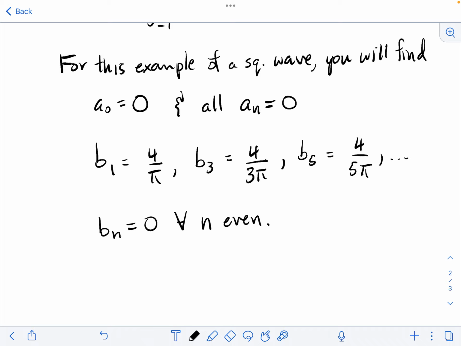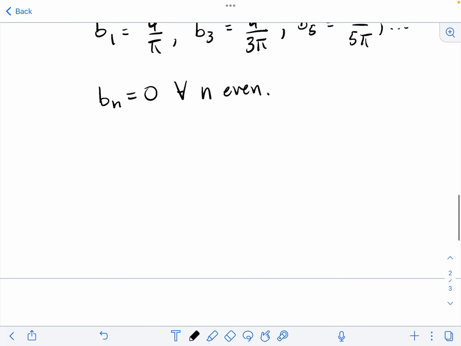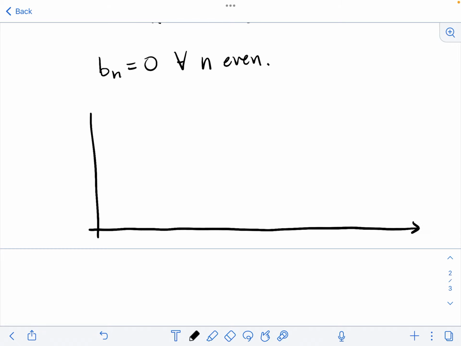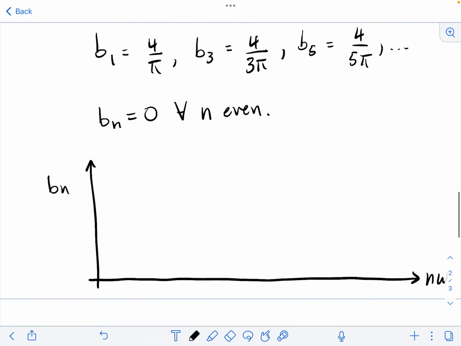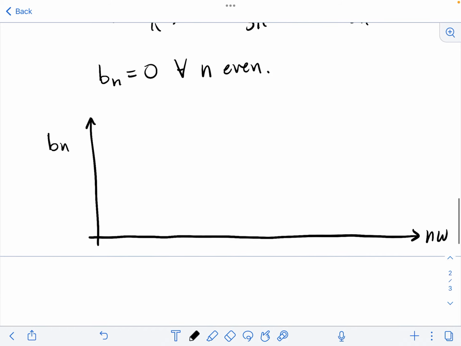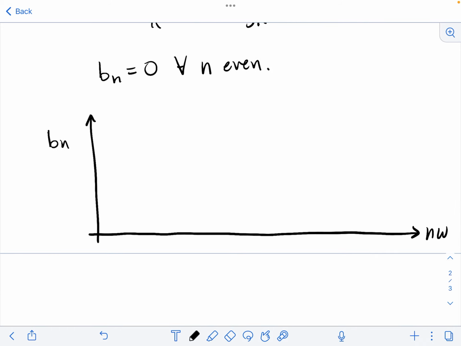Okay, what we could do is make a plot of our bn coefficients as a function of n omega. When n equals 1, we get a 4 over pi, and so maybe that occurs here.